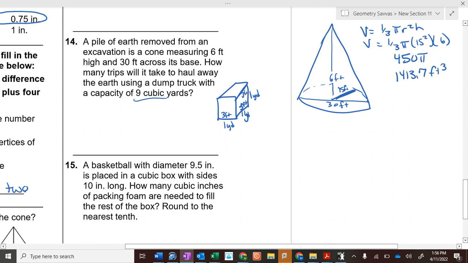What's 3 times 3 times 3? 27 feet cubed. 1 cubic yard is 27 feet cubed. If we take it times 9 cubic yards, what's 9 times 27? I bet it's like 243. Yeah, it is.